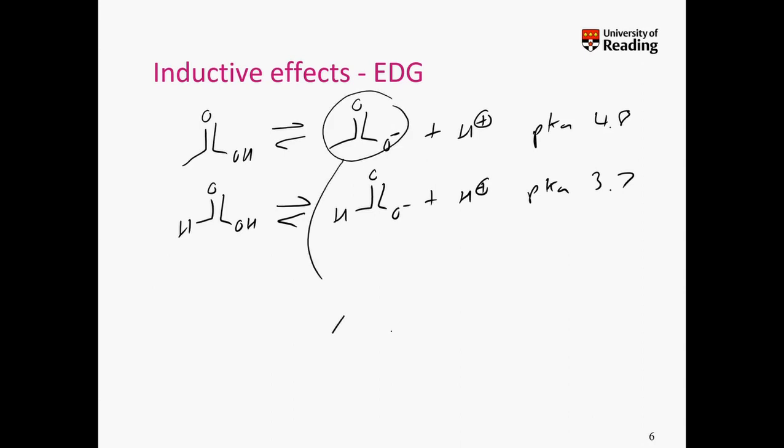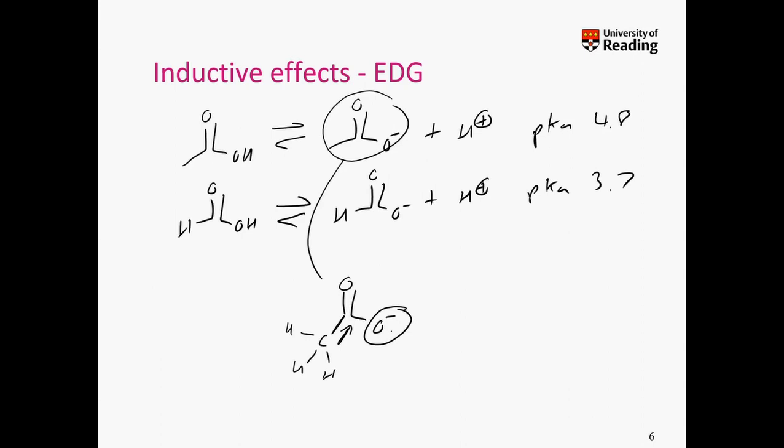So again, if we take this anion here and think about what this means, we have this carbon, we have these hydrogens, and we know from the material that Professor Osborne gave you that we can use carbons to push electron density into stabilized carbocations. We can do the same thing here, but we're pushing the electron density in this way, which ultimately has the effect of pushing more electrons towards this negative charge. So that negative charge becomes more charged, and that is unfavourable.